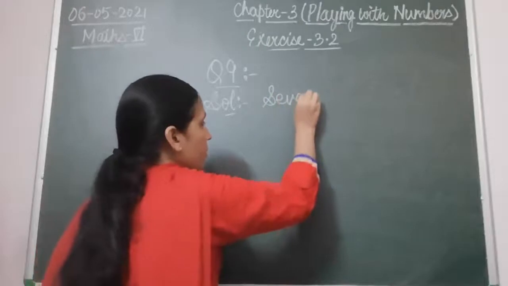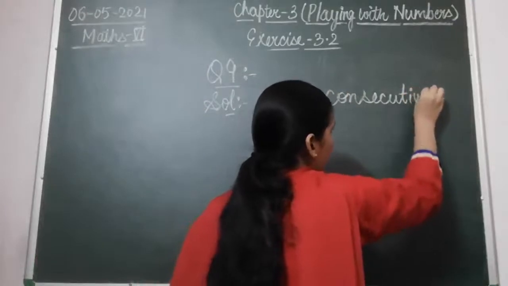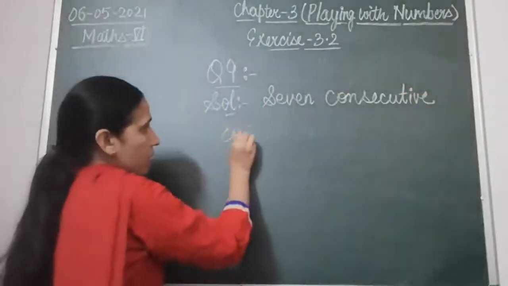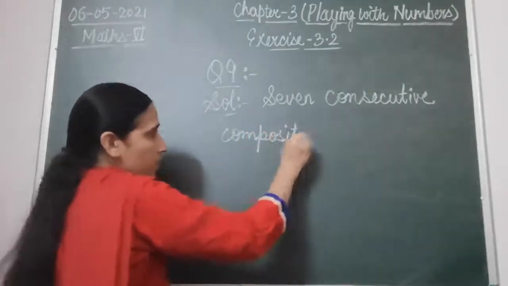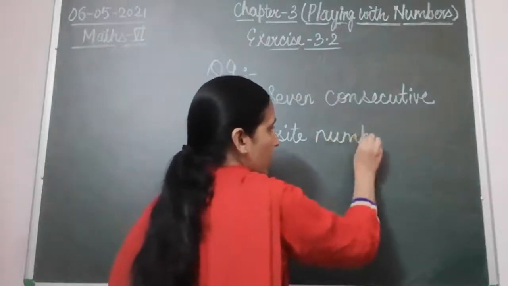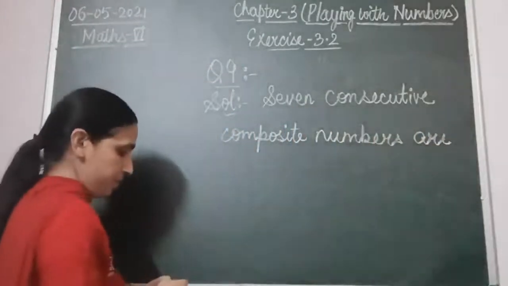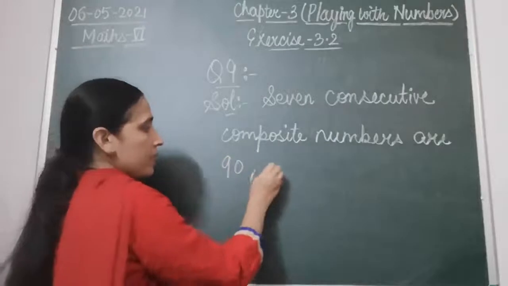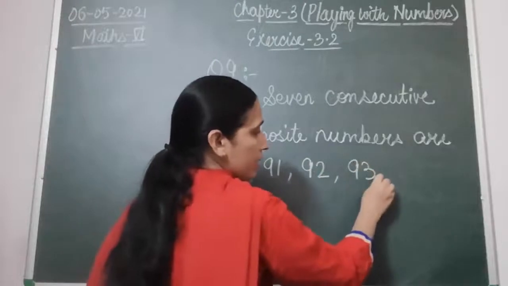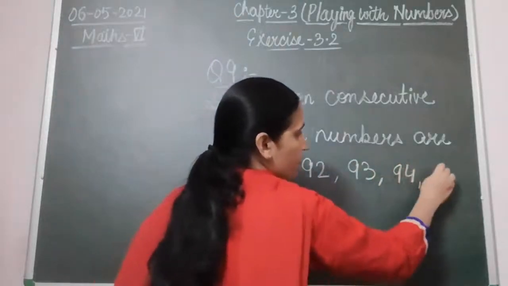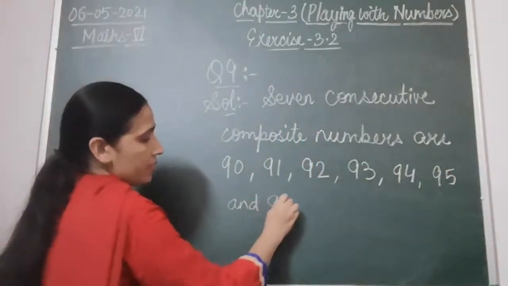the 7 consecutive composite numbers are 90, 91, 92, 93, 94, 95 and 96.